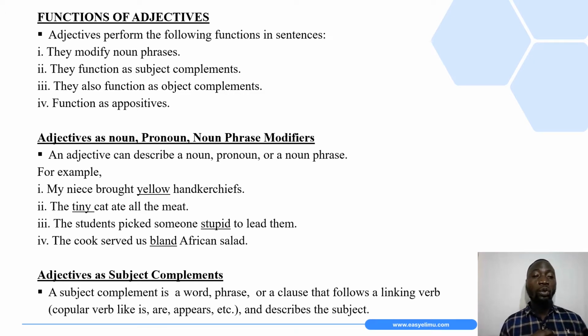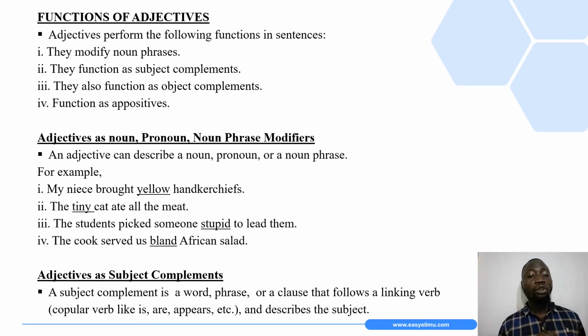So do not be worried. We are going to look at each function. So let us start by looking at adjectives functioning as noun, pronoun, or noun phrase modifiers. An adjective can describe a noun, a pronoun, or a noun phrase. For example, we have an example that reads, "My niece brought yellow handkerchiefs."